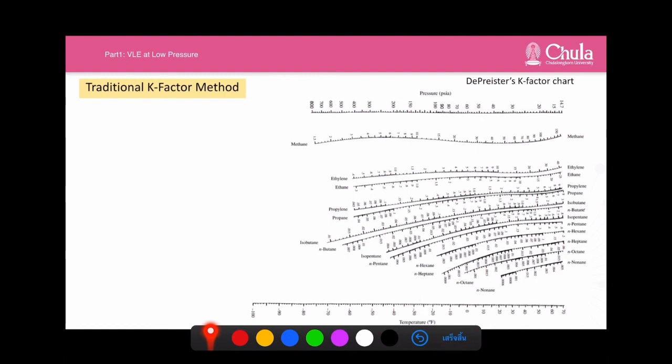Okay, for example, this point to this point, you draw a line, and if your mixture contains methane and ethylene, well, you can read Ki where the line crosses your line here. Okay, then you can determine the Ki, and you use Ki for your VLE calculation.